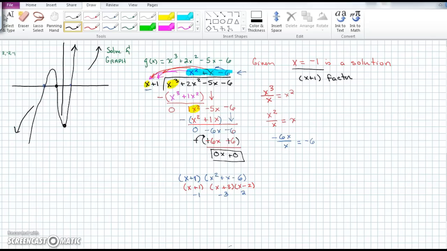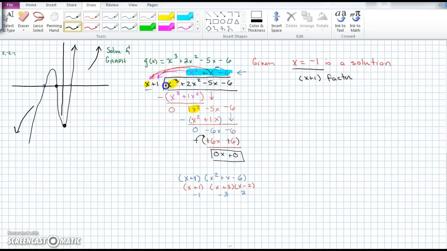Now, I'm going to show the same process using a shortcut called synthetic division. Synthetic division is quicker and very procedural, so if you make a simple mistake, you'll get the problem all wrong. It starts by representing everything under the divisor as the coefficients.